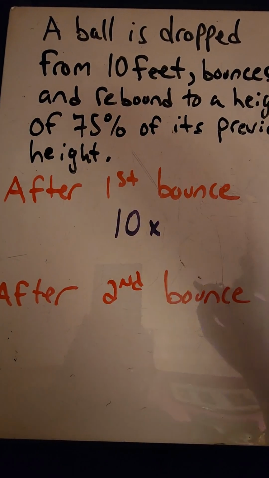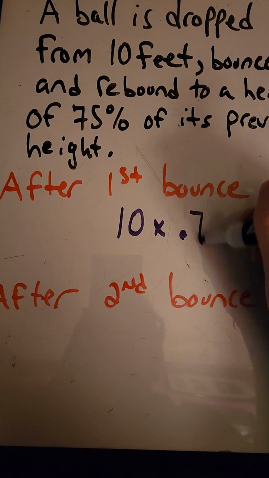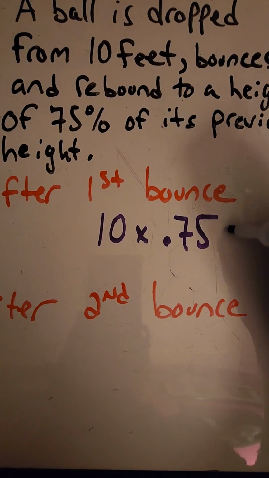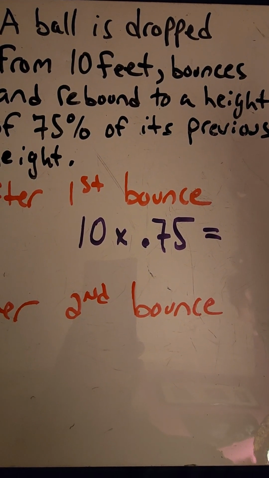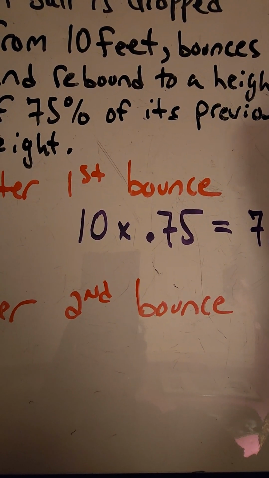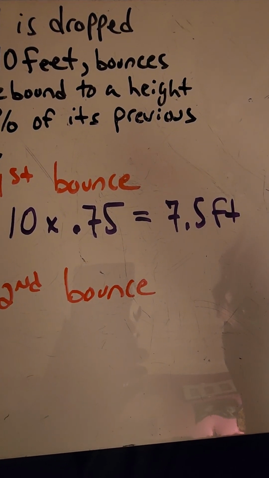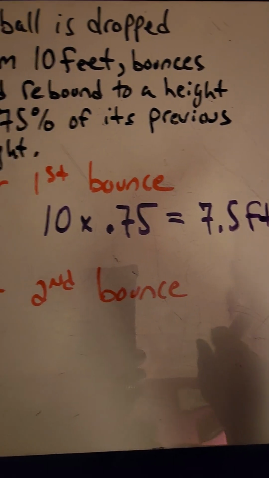So we take the previous height, which is 10 feet, multiply it by 75%, which in decimal form is 0.75. We do that calculation, 10 times 0.75, and we end up with 7.5 feet. So after the first bounce, the maximum height is 7.5 feet.